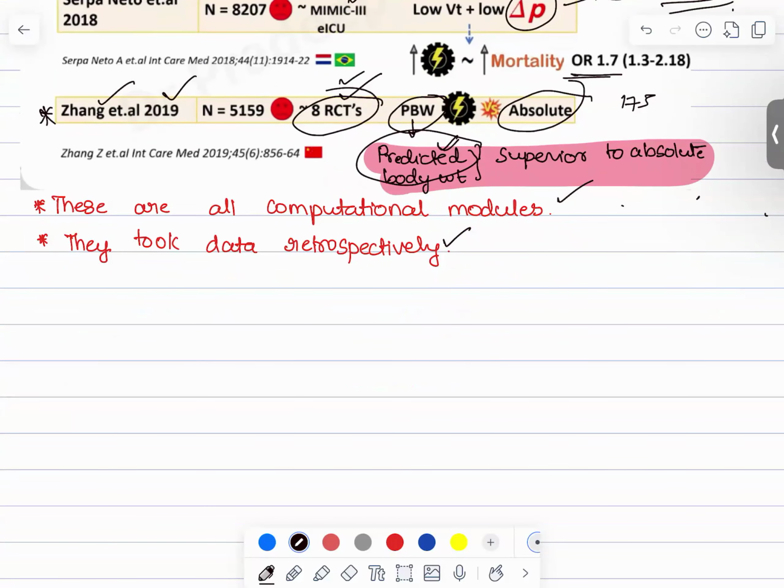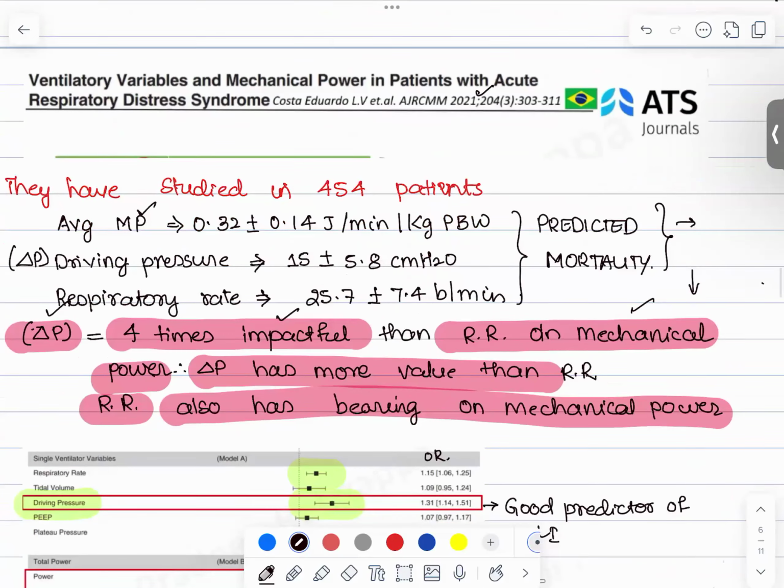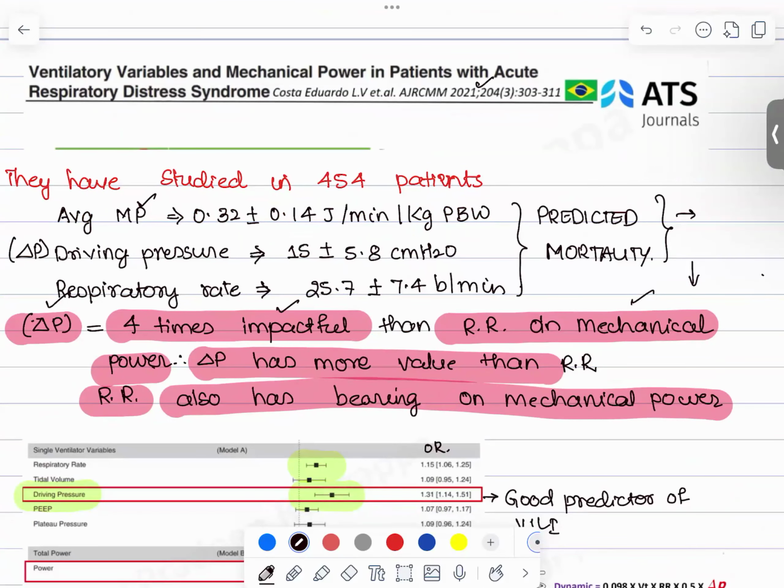So one thing I would like to emphasize is that these are all computational models and are taken retrospectively. Another trial, Zhang et al., which we have seen, shows that the average mechanical power based on the predicted body weight was 0.32 plus or minus 0.14 joules per minute per kg body weight. If it is in this range, then the mortality rate is decreased.